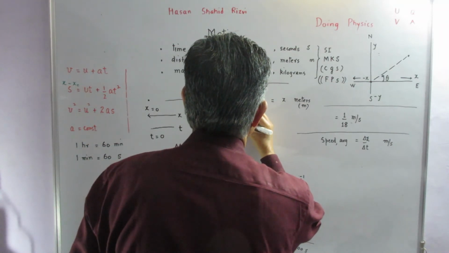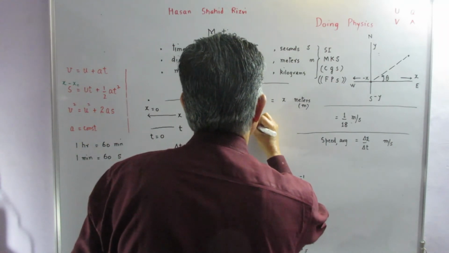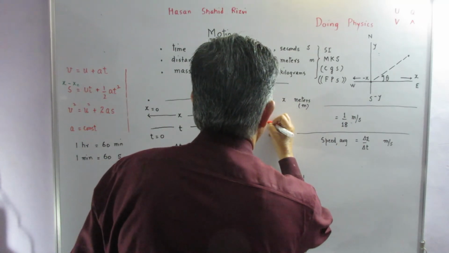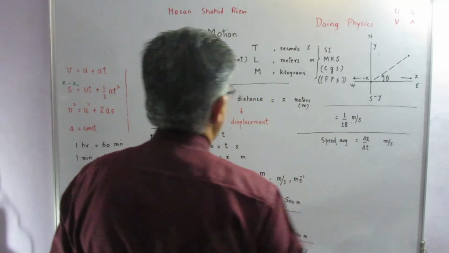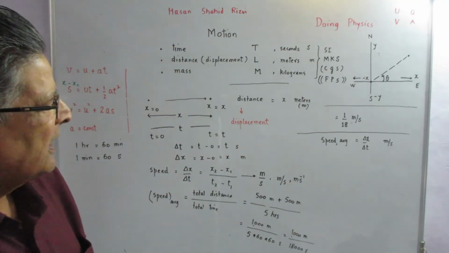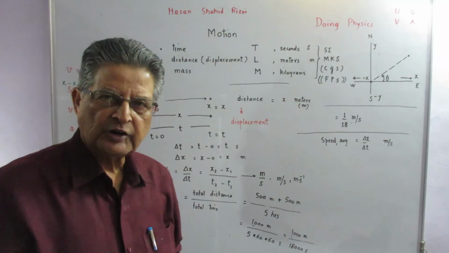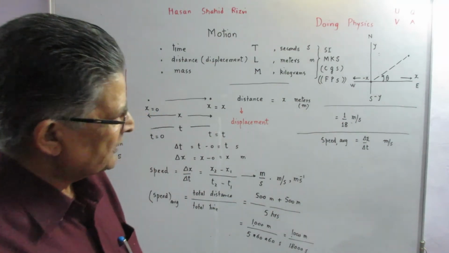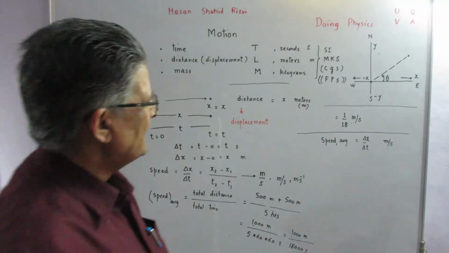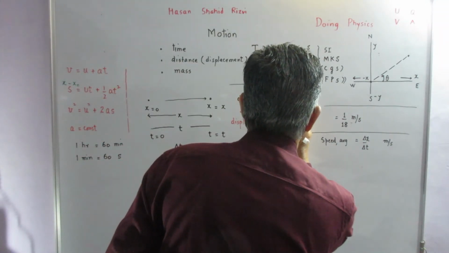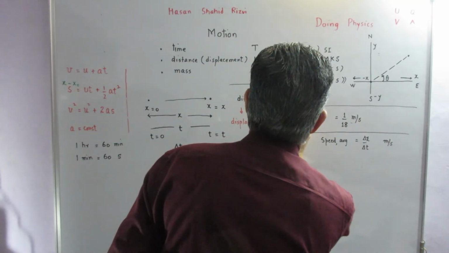Displacement has one feature, the distance, and the other feature, the direction in which the distance has been covered. I will write this displacement also in one dimension.